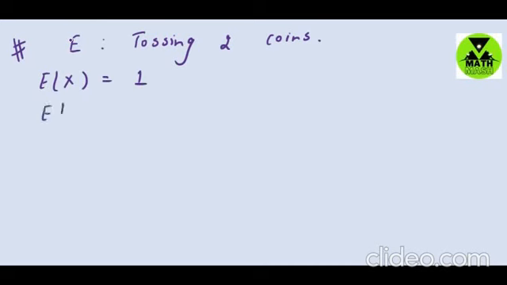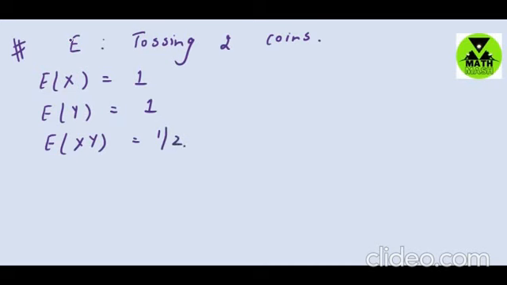For the second, we have the random experiment of tossing two coins. For this case, we have computed the expected value of x, which is equal to 1, expected value of y, this is also equal to 1, and expected value of xy, this is equal to 1 by 2. So this we have already computed.